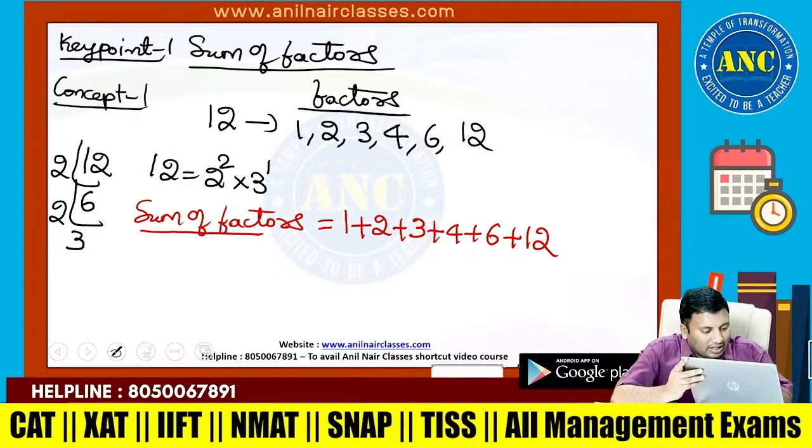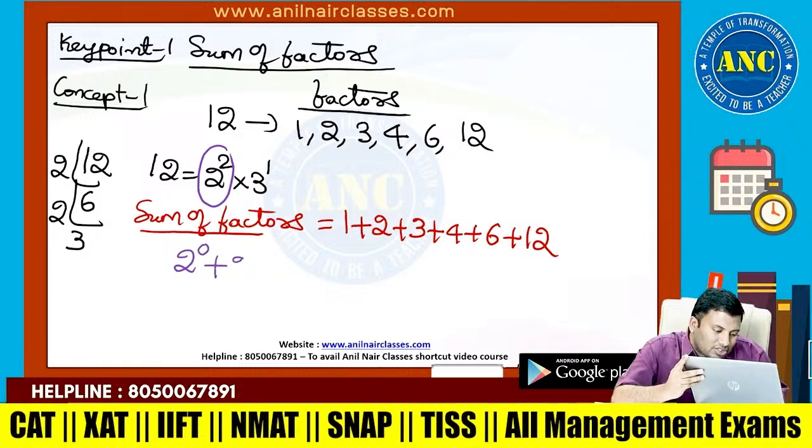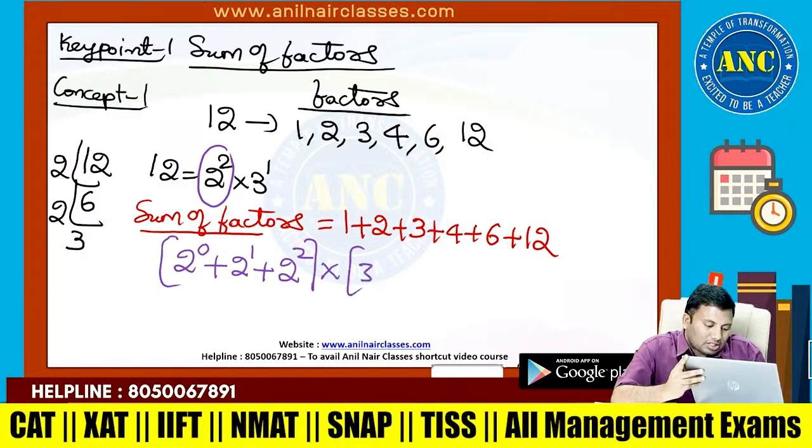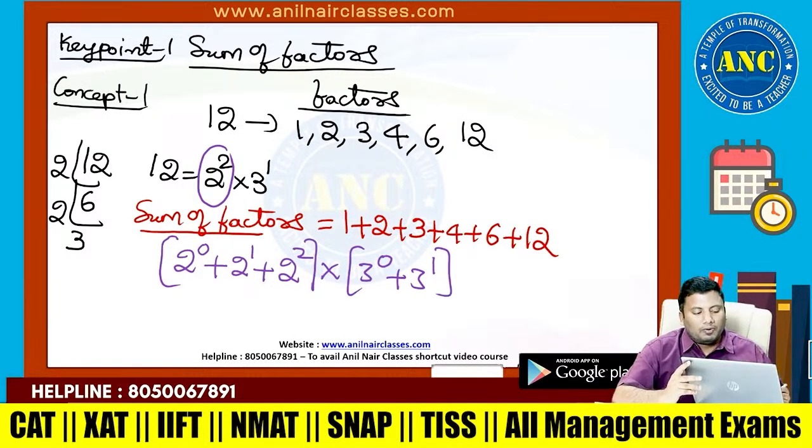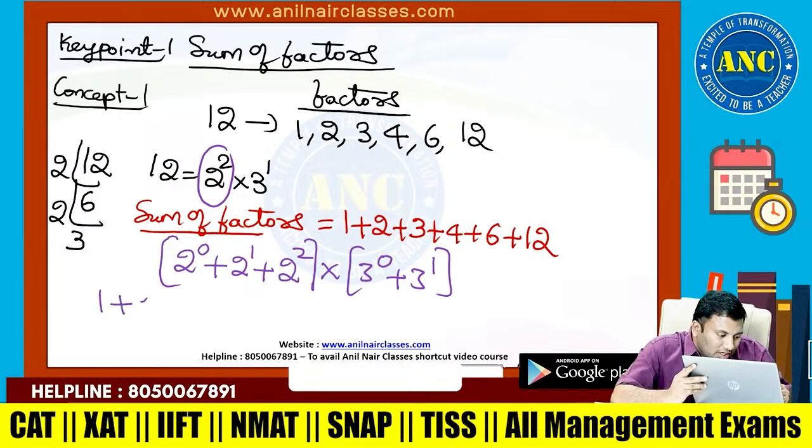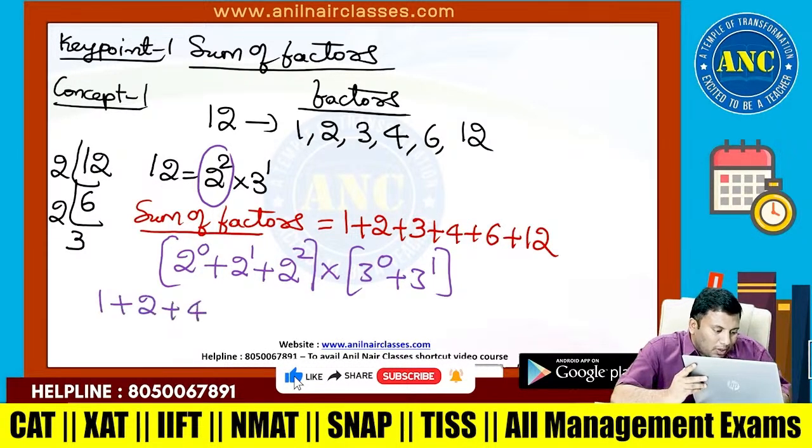Don't do that. Start from the lowest power of 2 and add it till the highest power: 2 power 0, 2 power 1, 2 power 2. Multiply it with the sum starting from the lowest power of 3 up to the power that is there: 3 power 0 plus 3 power 1. This is nothing but (1 plus 2 plus 4) into (1 plus 3).